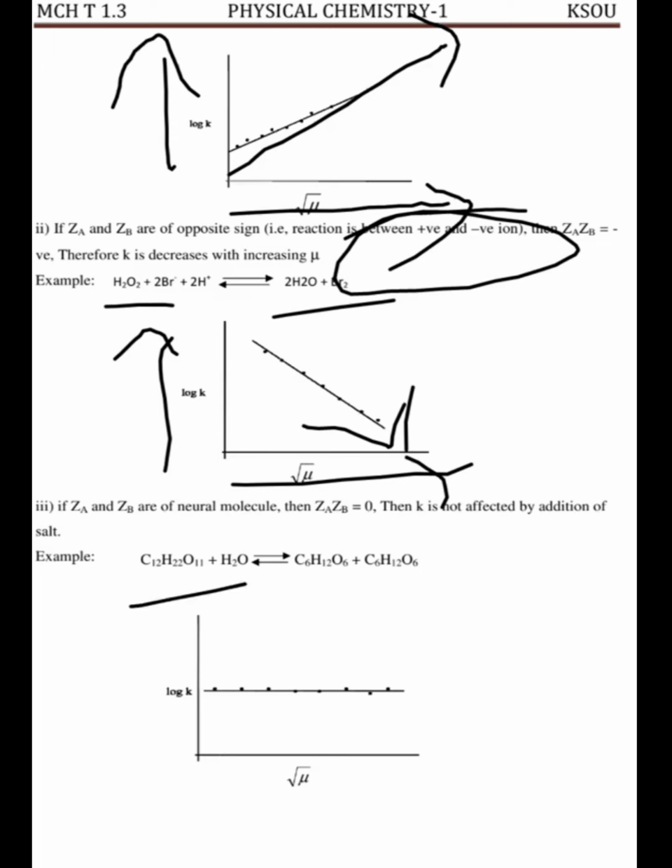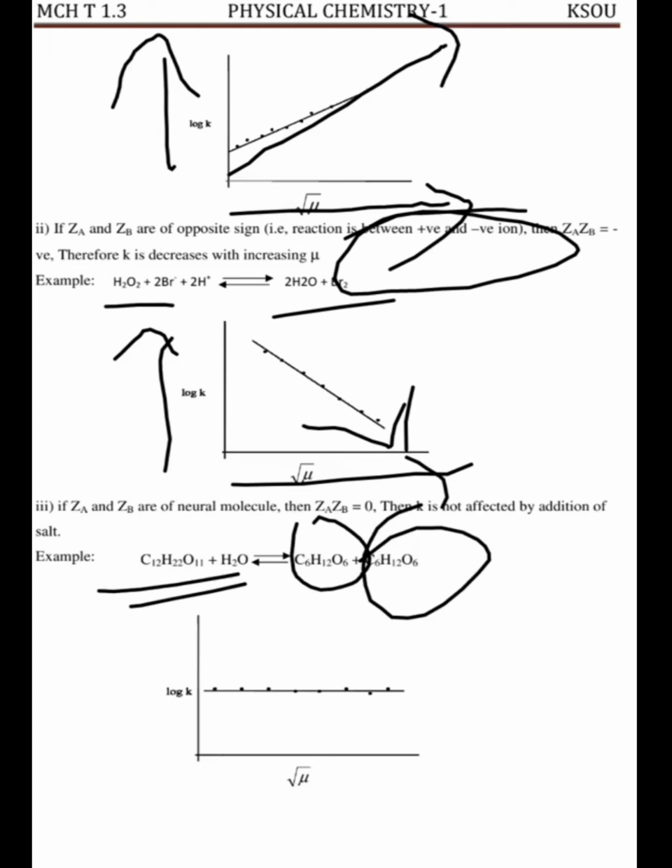In the third example, we are going to take sucrose, that is C12H22O11, in the presence of water, which gives 2 moles of glucose. So here there will be no positive or negative. Both the reactants are neutral.